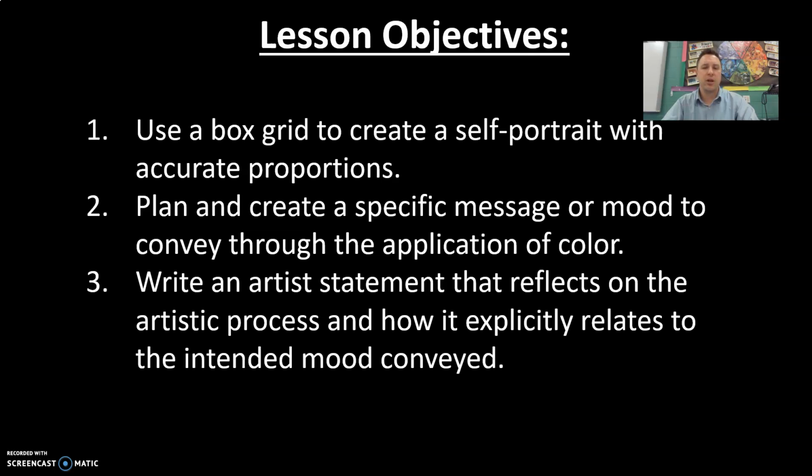And 3, you're going to write an artist statement that reflects on the artistic process and how it explicitly relates to the intended mood conveyed. So we've already written an artist statement in your previous unit, but in this unit you're going to write your artist statement to specifically reflect the mood you're trying to convey, why you try to convey that, and what that mood says about you as a person.